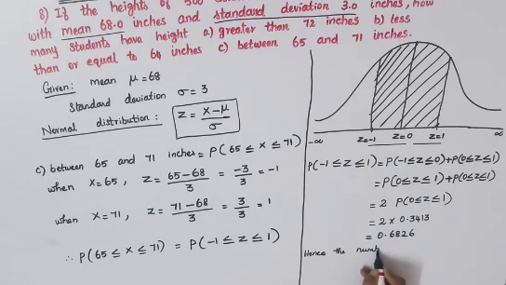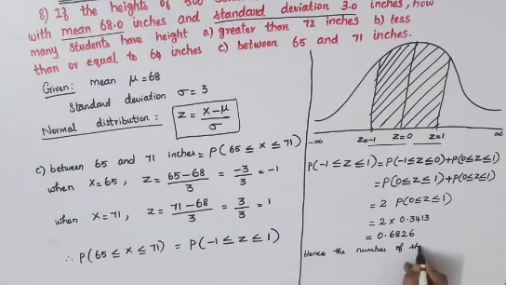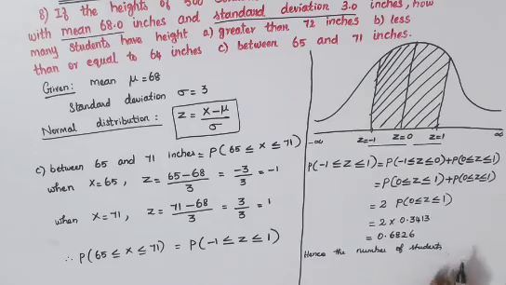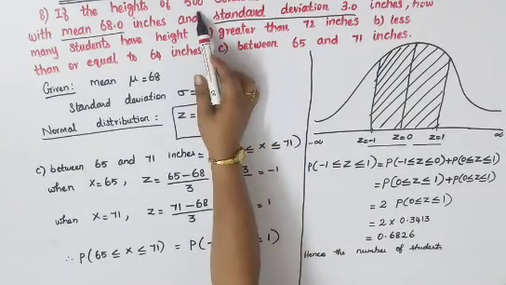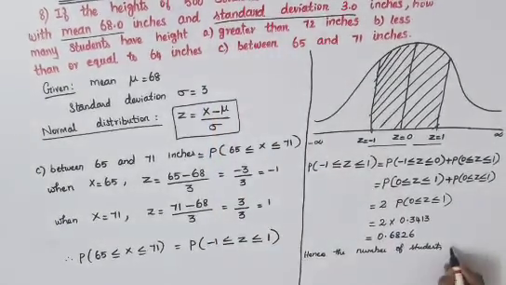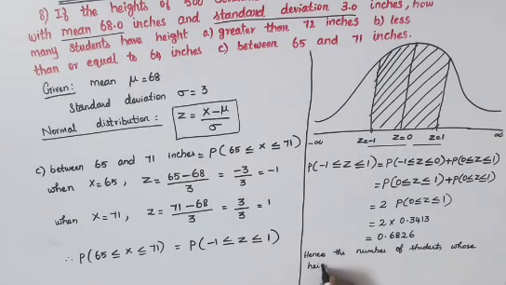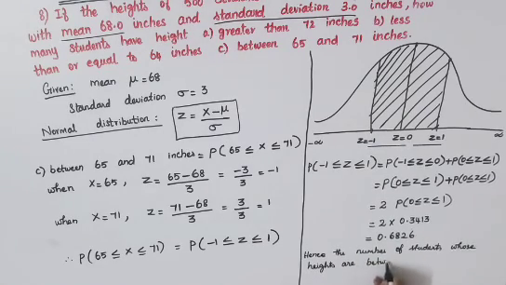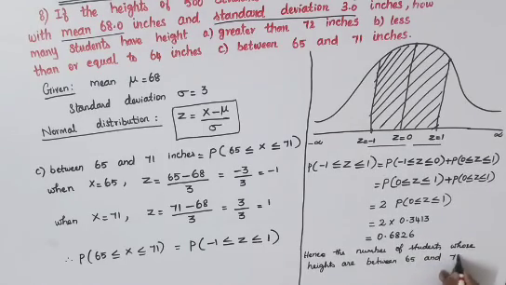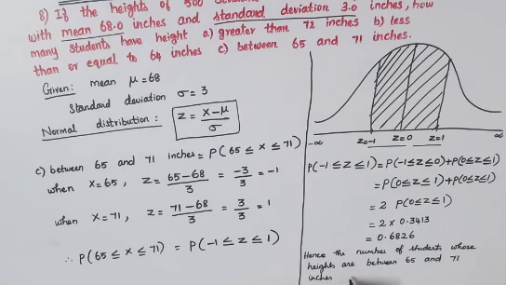So hence the number of students, that is for 500 students, you will have to find it. Here it is given 500 students. So whose heights are between 65 and 71 inches is 0.6826, that is this answer into 500.